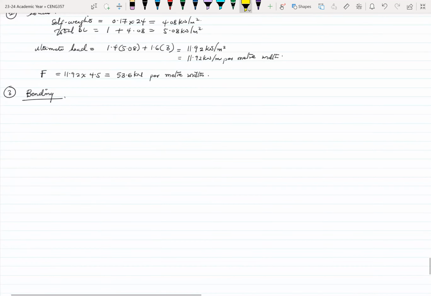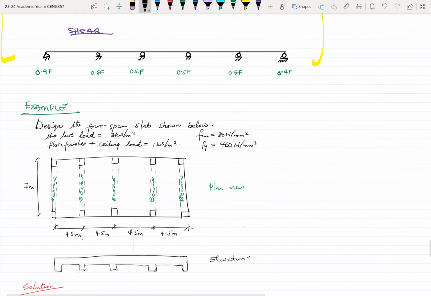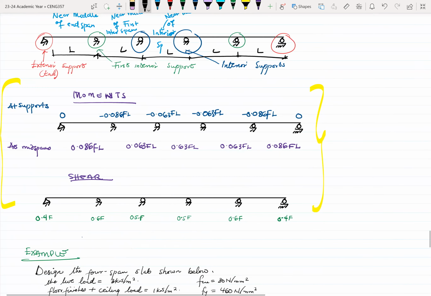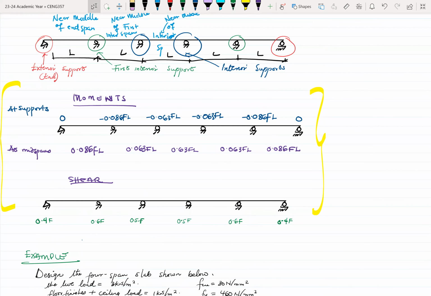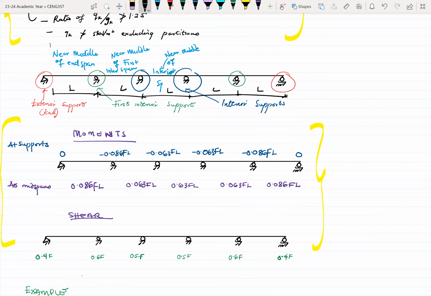All right. So here we go. Let's look at bending. Let's start with the first bit. So let's look at the first span. If we go to the first span, we are being told that our moments in the first interior span, or near middle of end span, is the same as first span.